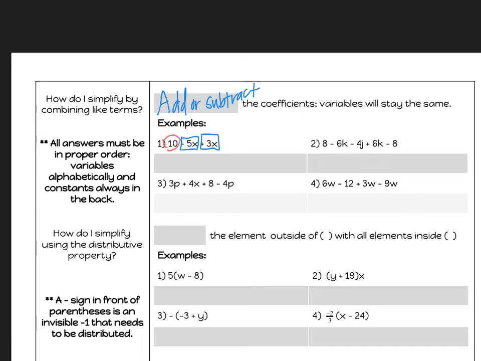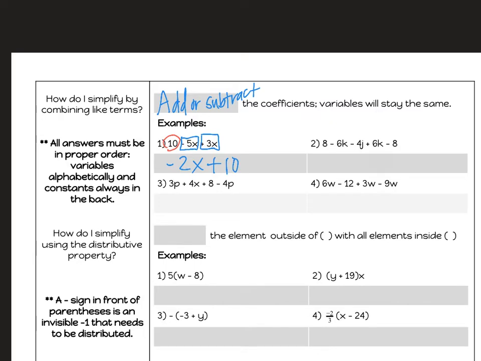Okay, so I'm going to combine what is in blue, and we have a -5x and a +3x, so that's going to give us -2x, and then I don't have another constant that I can combine, so I'm just going to keep the 10x, and this is how I simplified that expression.